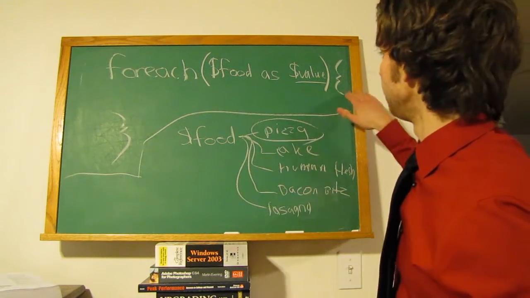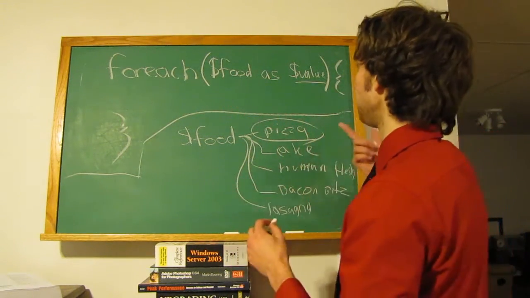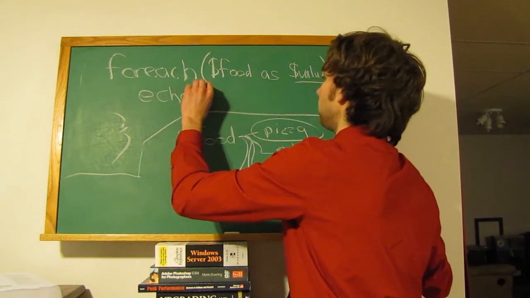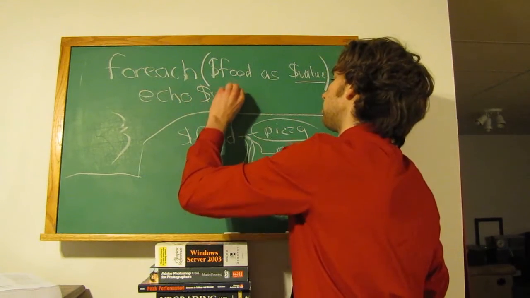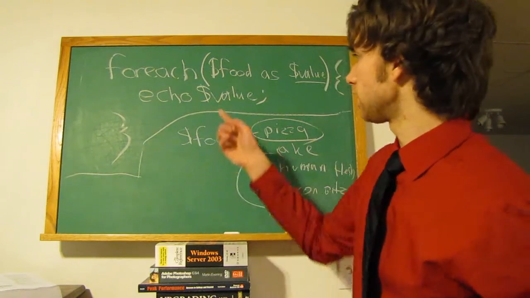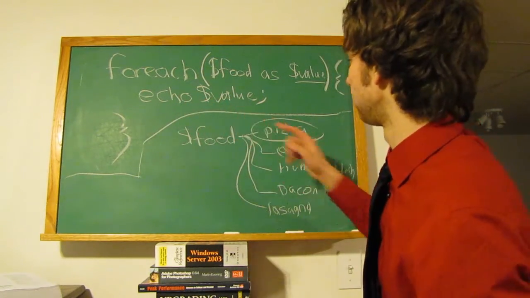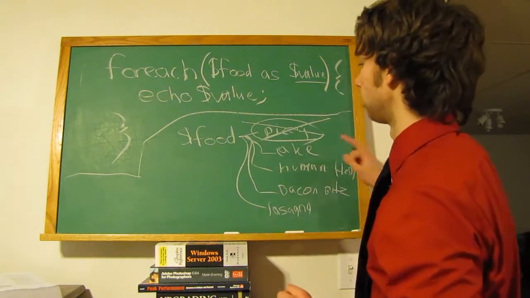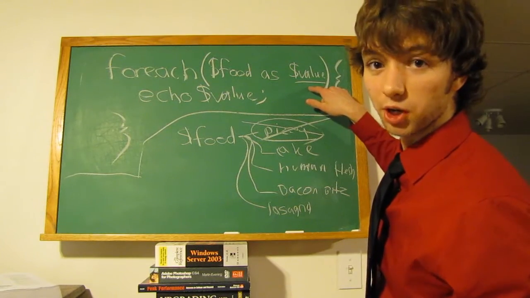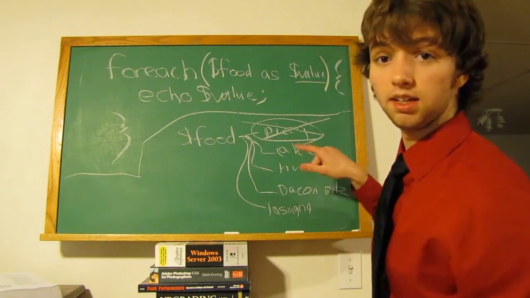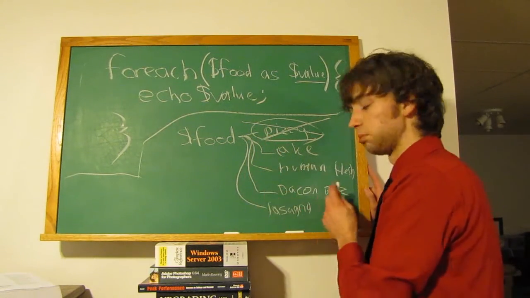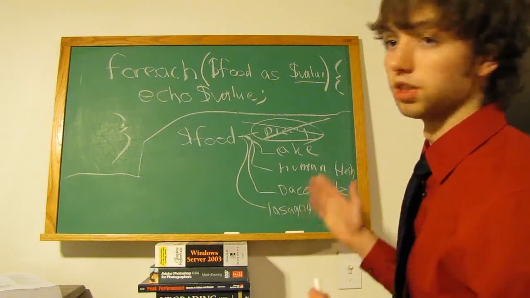So within these curly braces, if we do something with value, such as echo it, just like this, well, the first time it goes through, it's going to echo pizza. Once that's done, it's going to go to the next value. It's going to change the value of the variable value, that's kind of confusing, and make it cake. So then it's going to echo cake, and then it's going to echo human flesh, and then it's going to echo bacon bits, and then it's going to echo lasagna.